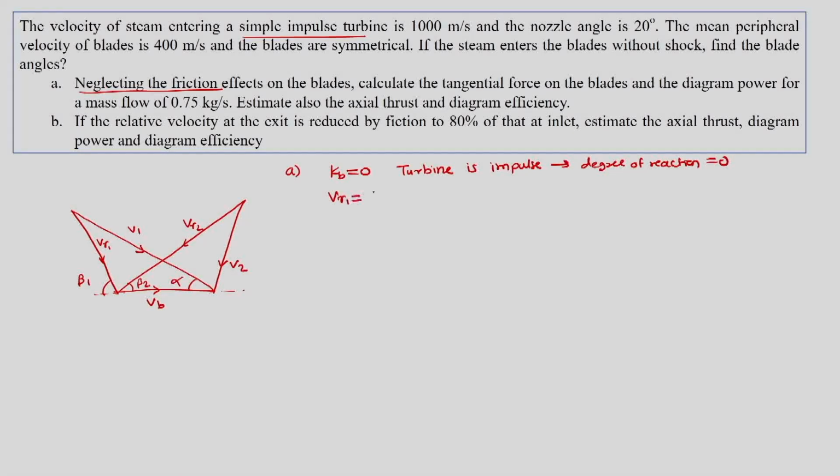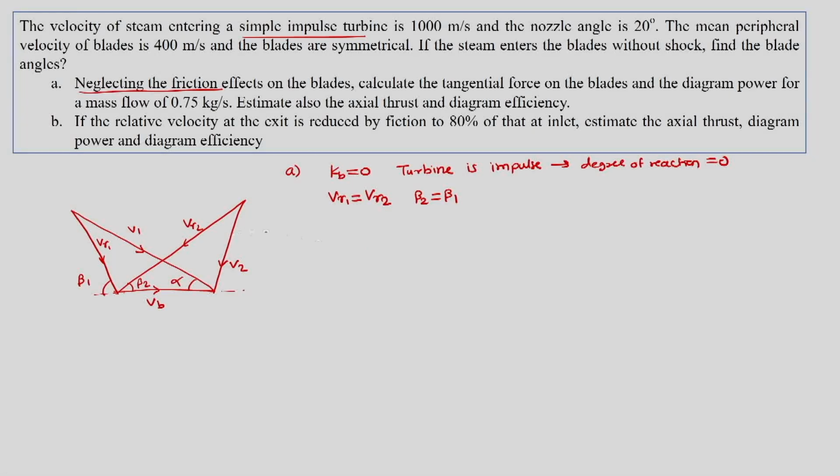So, VR1 is equal to VR2 since we have Kb also equal to 0. Further, we are also told that blades are symmetrical, so beta 2 is equal to beta 1.